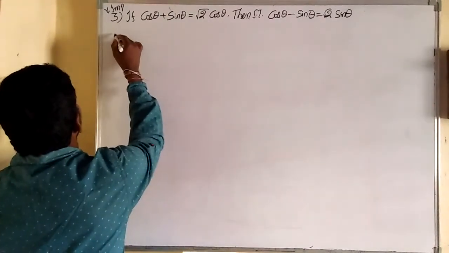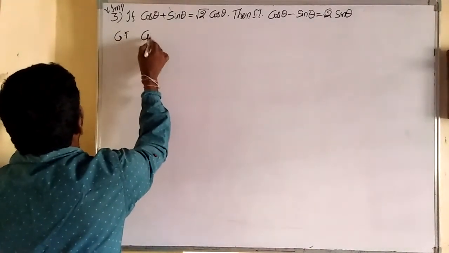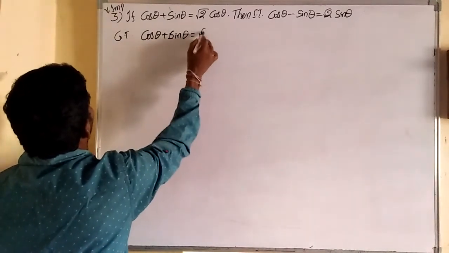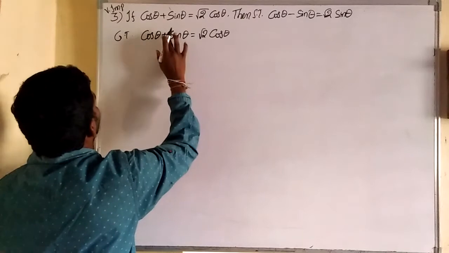How to prove this? First of all, given that cos theta plus sin theta is equal to root 2 cos theta. Okay, now I wrote the given statement.